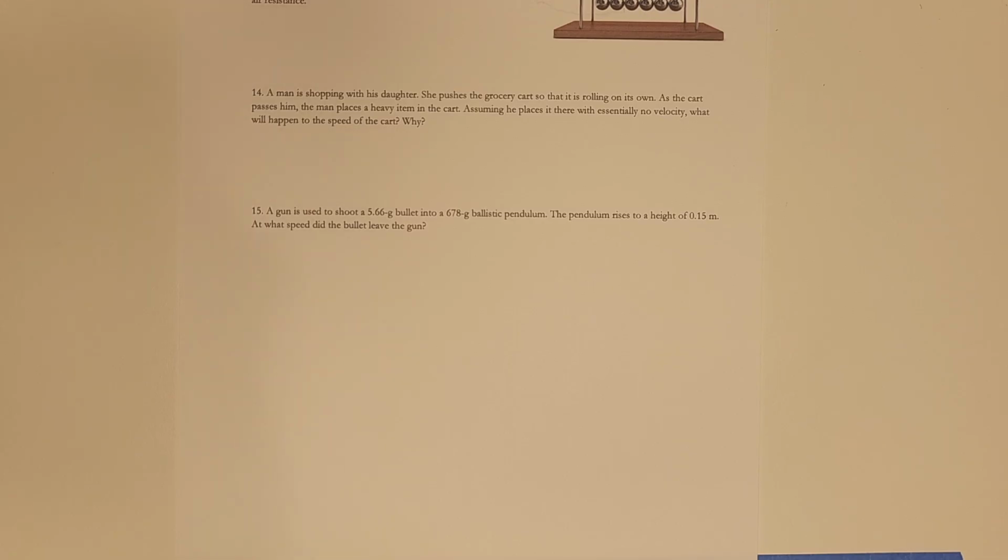So what will happen is that the cart will slow down because the increased mass of this new object that he's placed in the cart is going to force the velocity to decrease in order to keep the momentum the same. So momentum is mass times velocity. So if you increase the mass, the velocity is going to change for conservation of momentum so that the momentum is the same before and after.